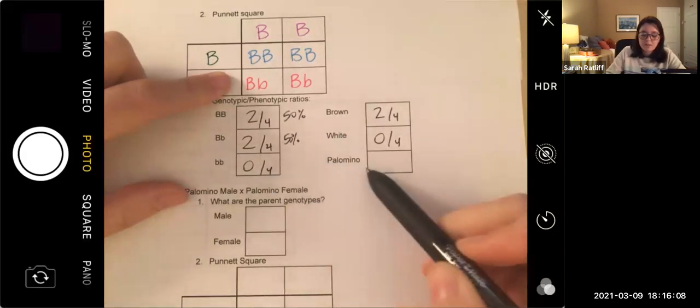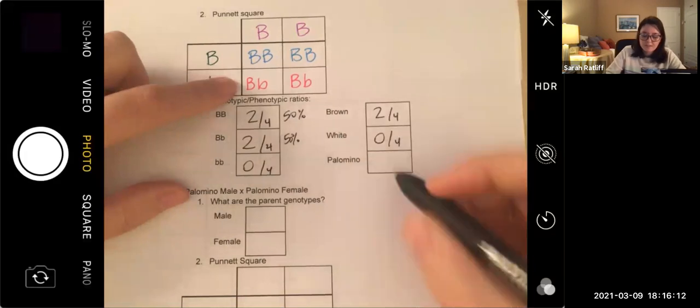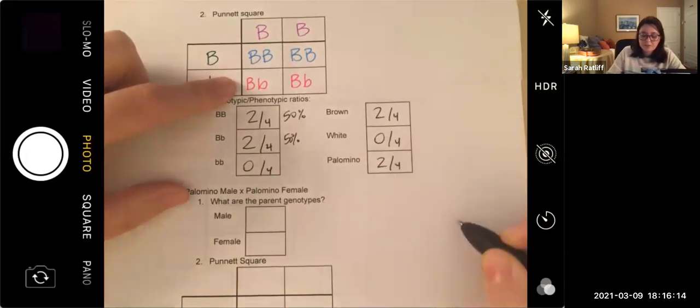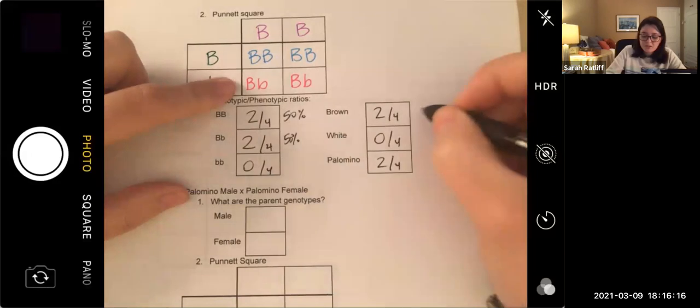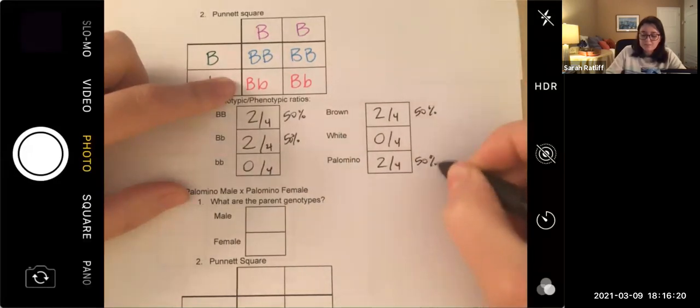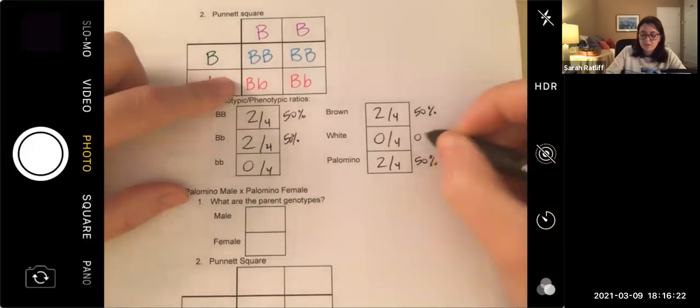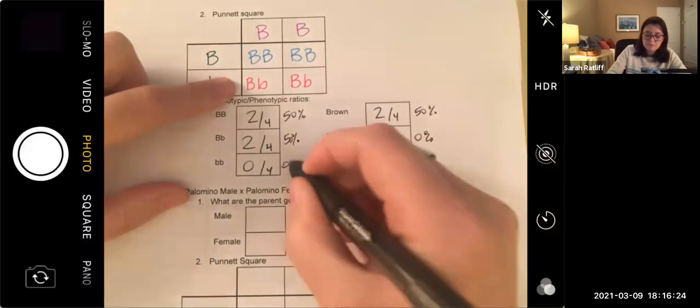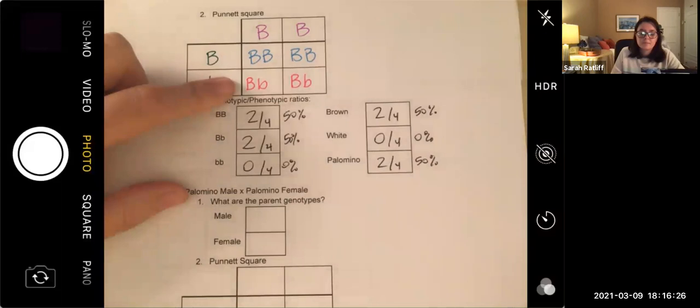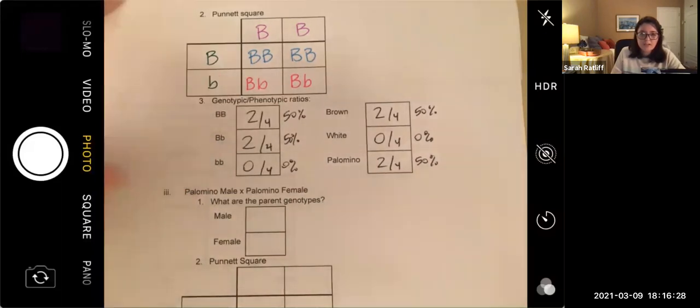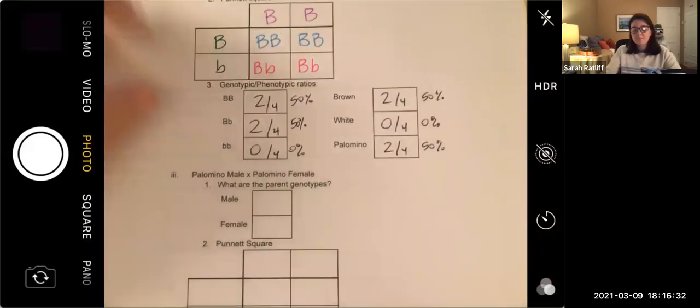And our Palominos, these are our heterozygotes, big B, little b. We got 2 out of 4 of those. If you like percentages, 50% there, and 50% there, 0% there. Hey, we did it. Our second incomplete dominance example. Get rid of this one.